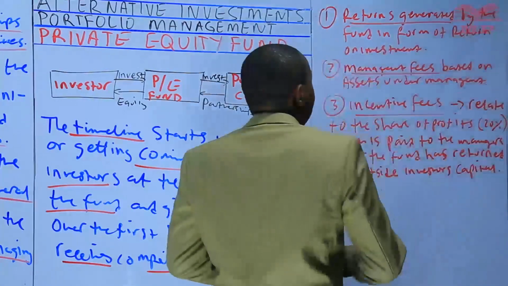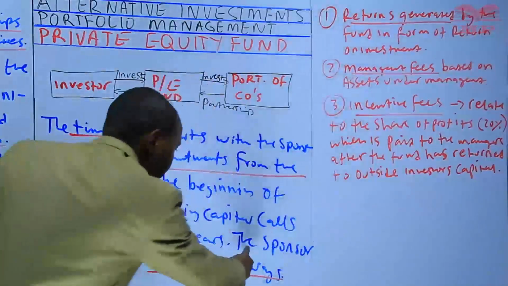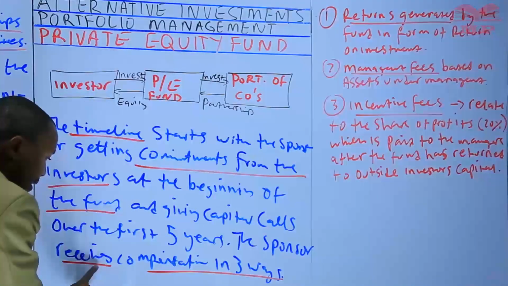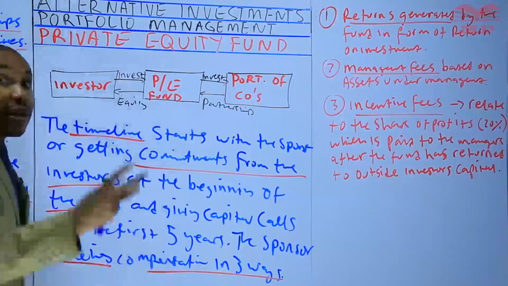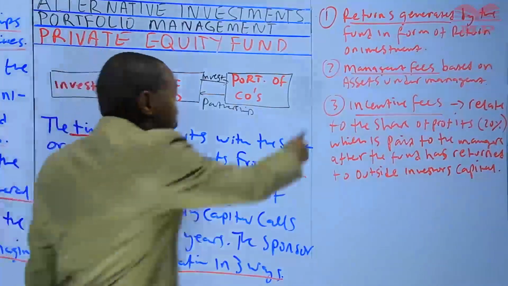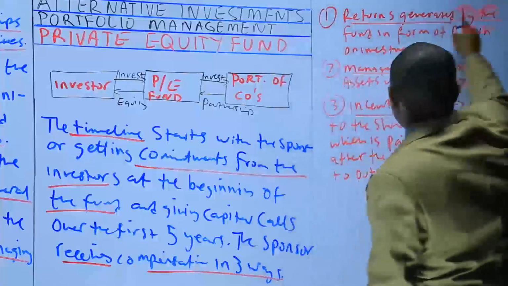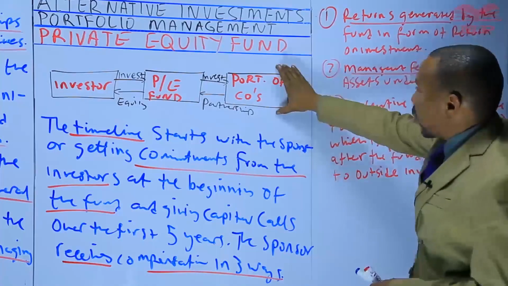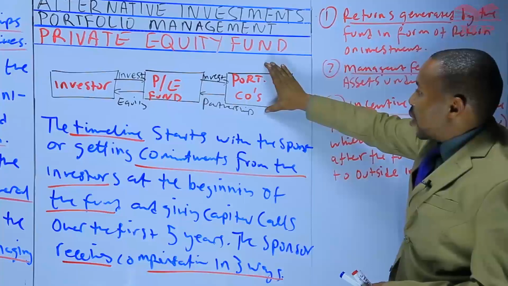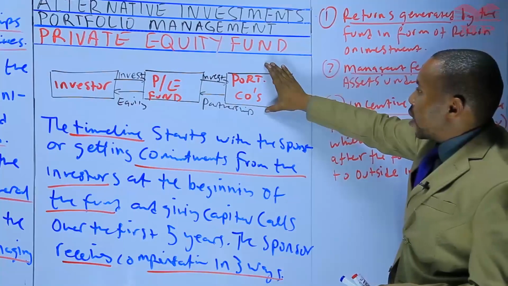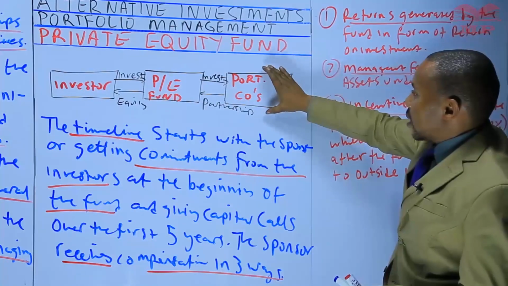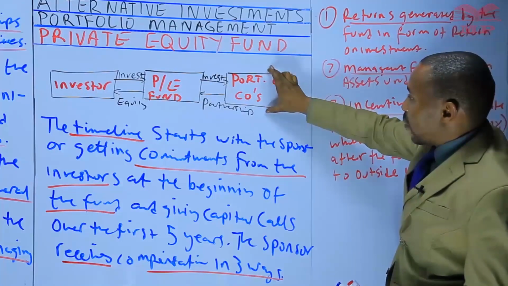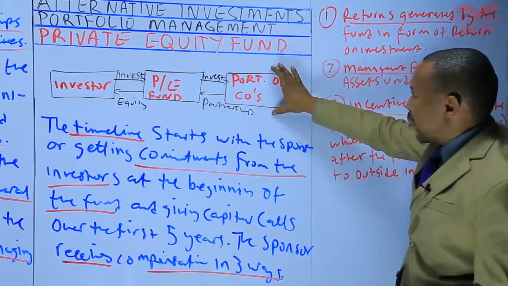We're saying that right over here, the sponsor receives compensation in 3 ways. Number 1, returns generated by the fund in form of return on investment. So you invest 1 billion shillings in one portfolio company, and the value of the company at the time of pumping in is maybe about 1.5 billion.